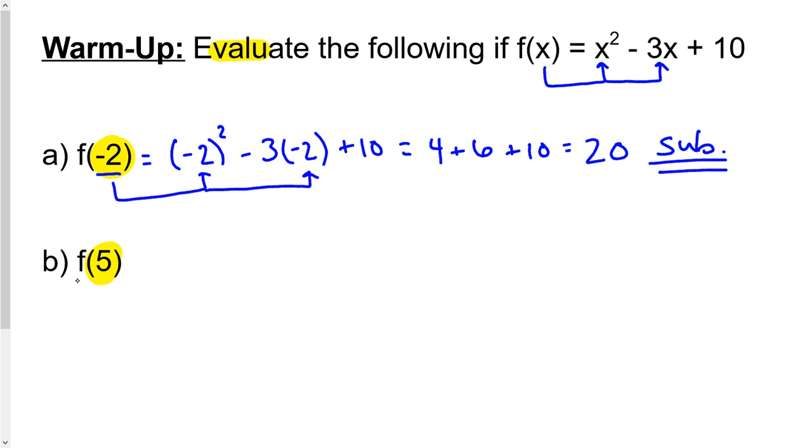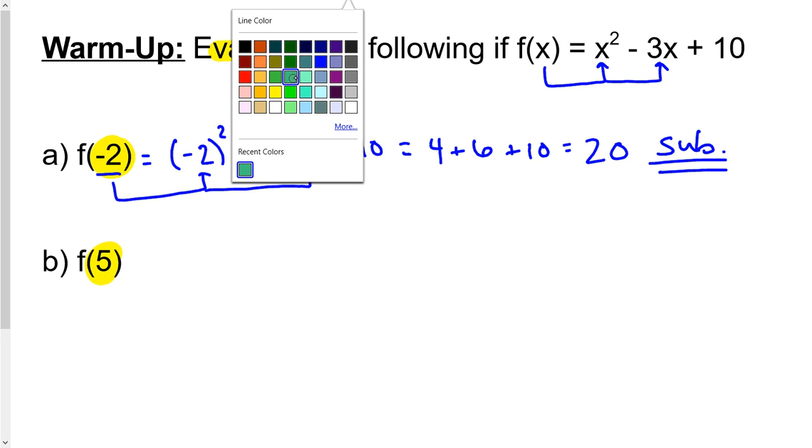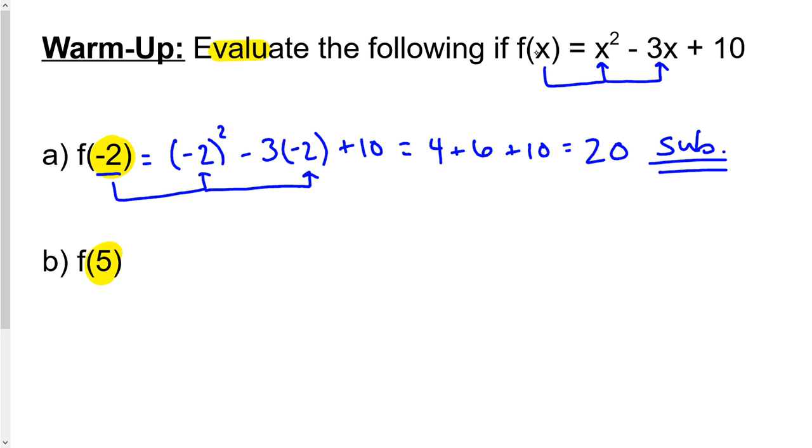So what if I wanted you to evaluate the function at f of 5? Well, that simply means that I'm going to substitute the number 5 in everywhere I see the input x. So f of 5 is equivalent to 5 squared minus 3 times 5. That's one ugly 5, but hey, it still works. And then plus 10.